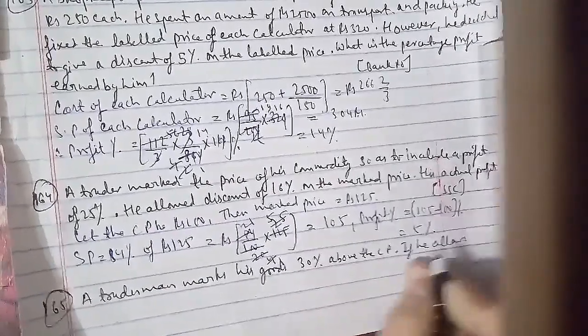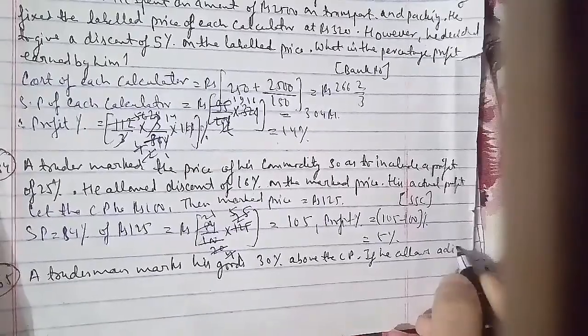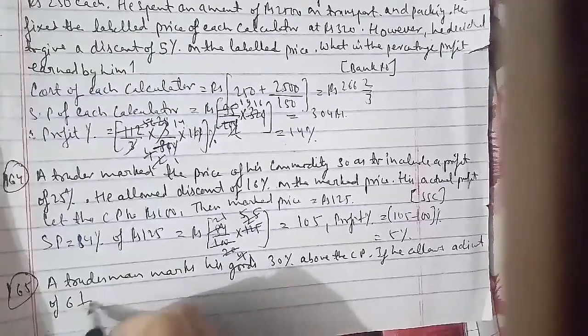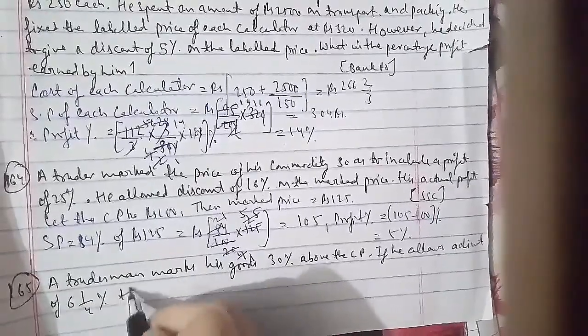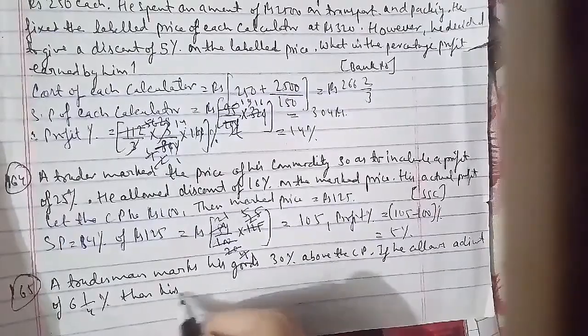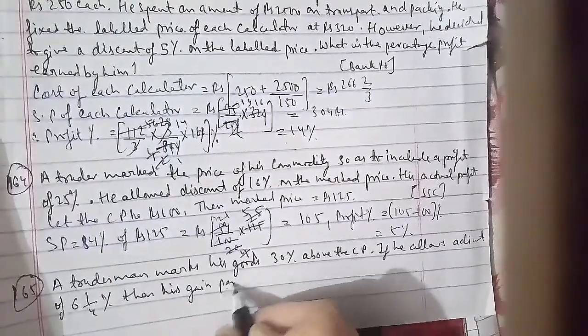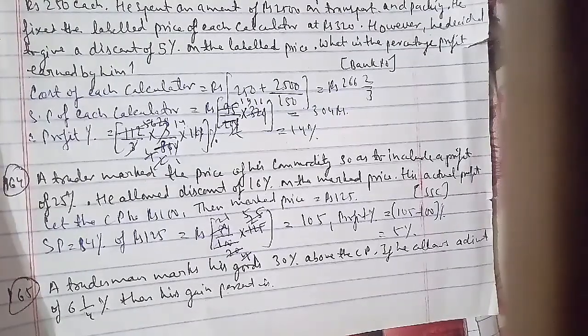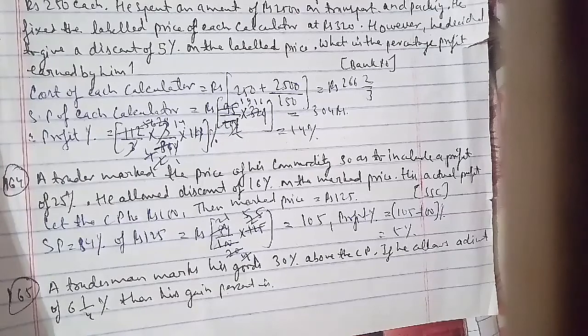So selling price equals 100 minus 25/4% of ₹130, which is ₹375/400 into 130, equals ₹121.875.